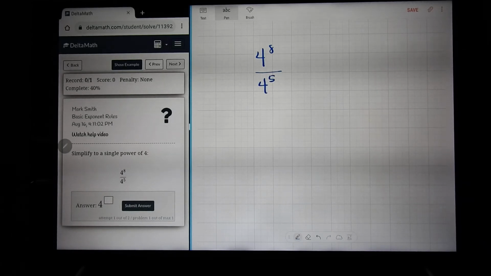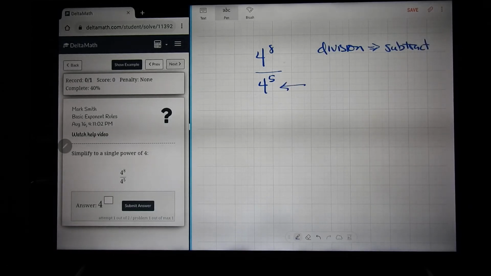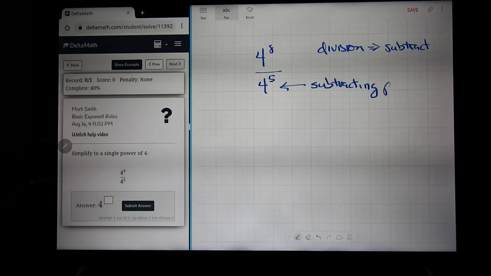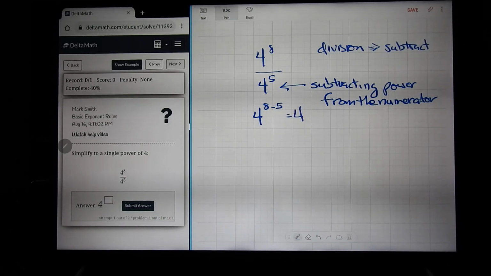When we have division, division means subtract the powers from the numerator. So we're going to subtract. That's going to be 4 to the 8th minus 5, which is 4 to the 3rd.